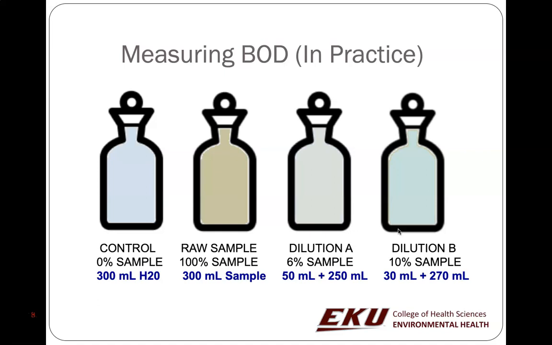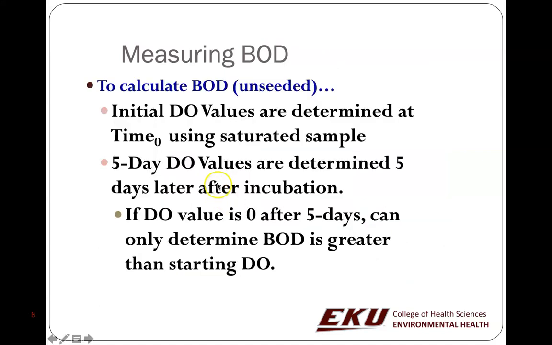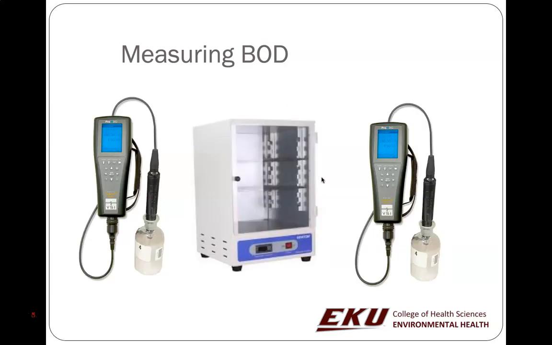And then to measure BOD, we have to determine the initial DO values at time 0, and then after 5 full days we determine it again. So the change in the DO is what we're measuring. Here's just an example of a DO probe.